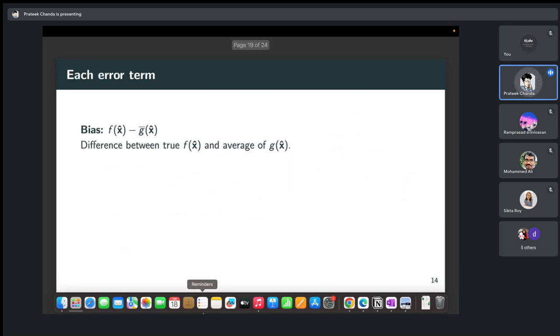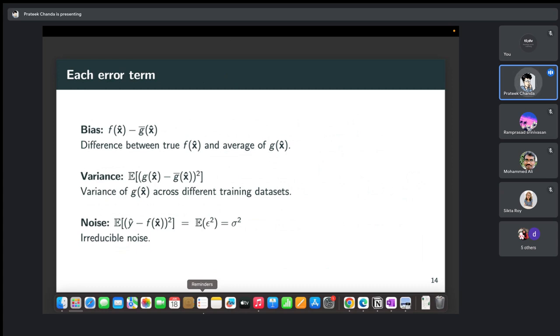So I'll just give a concluding remark on each of the notions that we discussed. One was bias, which means the difference between the true function f of x hat and the average of g of x hat, which is the mean prediction. The variance was the variance of g of x hat across different training data sets.